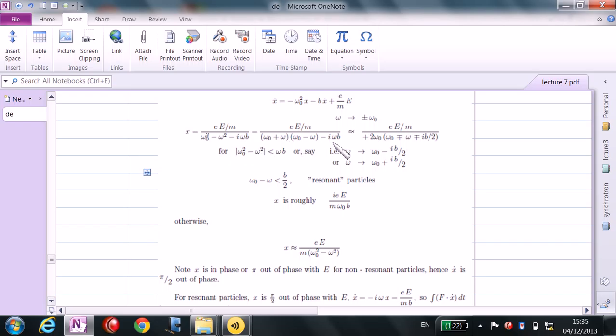The point is, when you have a damping term, this is the damping term, B, you get an imaginary part. Otherwise, you would get a 0 in the denominator. And depending on the sign of B, you'll know if you go along the real axis of omega, you'll know whether you're going under or over the pole.